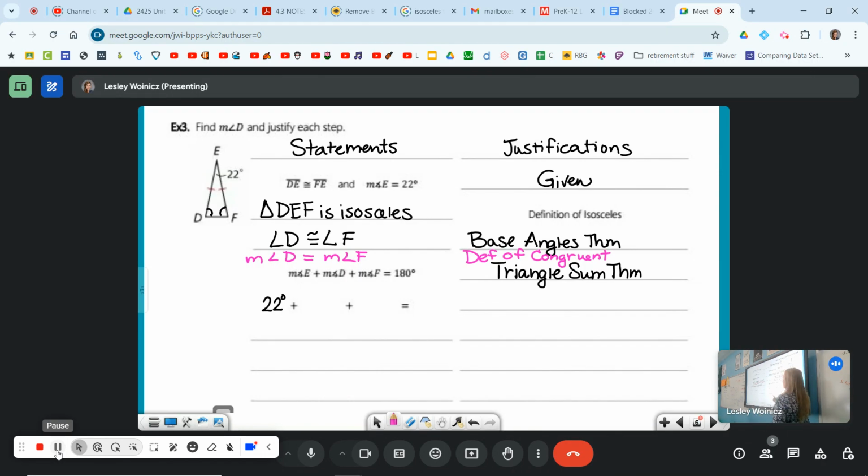But if I use angle F instead of angle D, it just adds more lines to my proof. You see what I mean? You can keep it shorter by just using D instead of F. Okay, so I know that the measure of D is equal, so I'm just going to put in the measure of angle D plus the measure of angle D has to be 180 degrees. Yep, that's the substitution property.